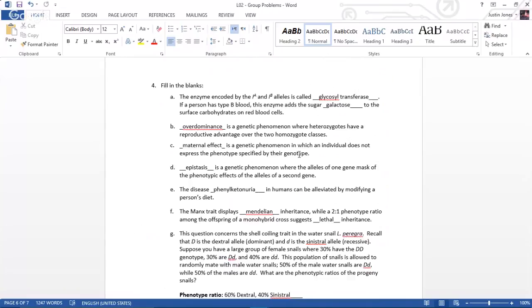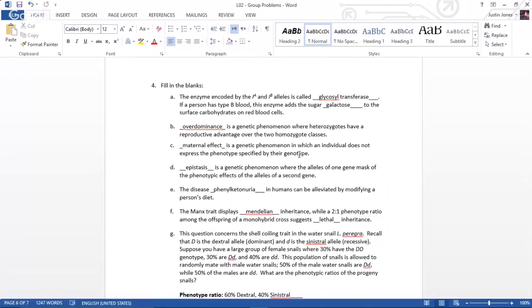But if you get both, you get more immunity to malaria, but then you also get sickle cell anemia. So overdominance is the one where you actually want a heterozygous, because then you get some advantage from the recessive without the negatives of the recessive. So you get a mixture of both, and that's what you'd want.